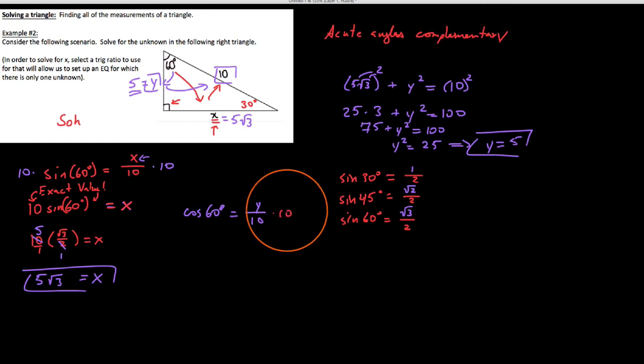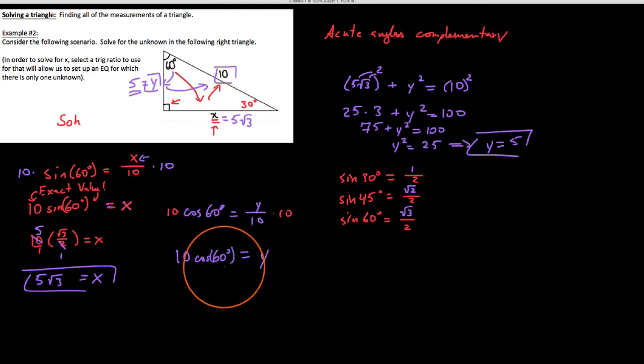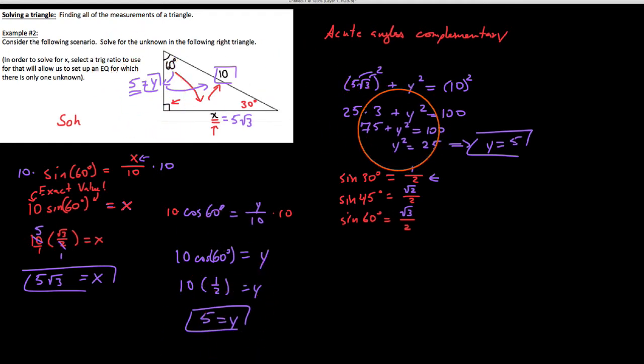So now taking both sides of this times 10, we could say that y has an exact value of 10 cosine 60 degrees. Okay, and the cosine of 60 is the same as the sine of 30. It was backwards from our sine values. So we get 10 times a half is y, and so we get 5 as y. Half of 10 is 5. And of course, that's what we're able to determine using Pythagoras or our special relationships with these sides of these triangles.